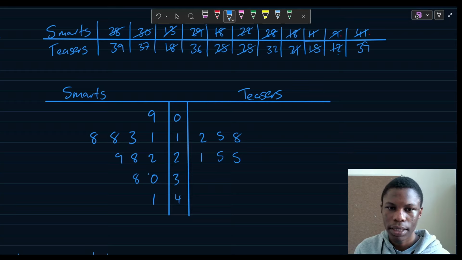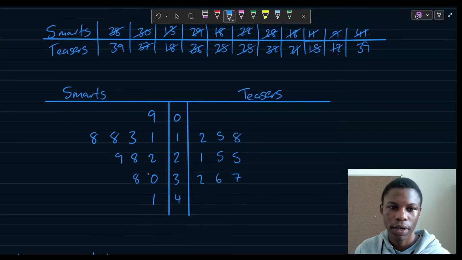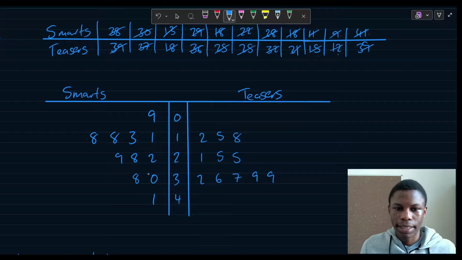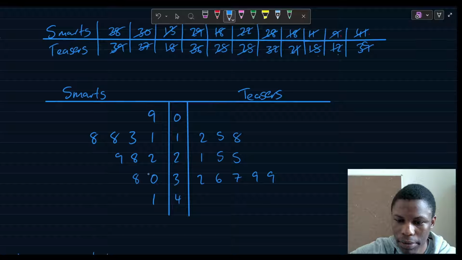And in the 30s, I've got 32, 36, 37. Then I've got 39 and 39. So 9 and 9. And that's the stem and leaf diagram for 4 marks.